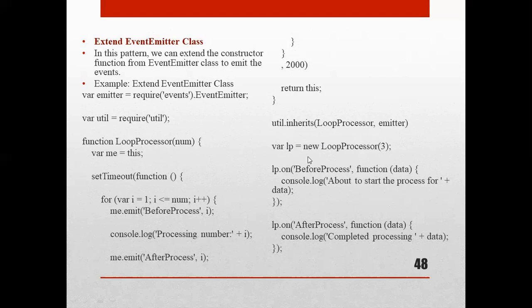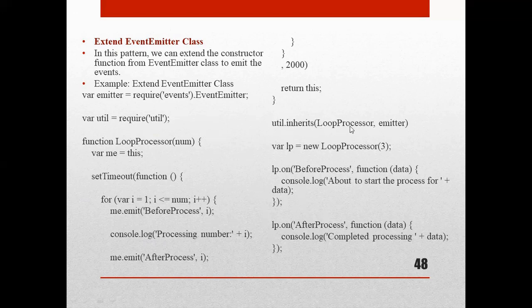In the last example also we have seen this. The only difference between these two examples is that we are going to extend the event emitter class by using util.inherits loop processor comma EventEmitter. For that we have to import the utility module. Both examples are similar, the only difference being that we extend the event emitter class.